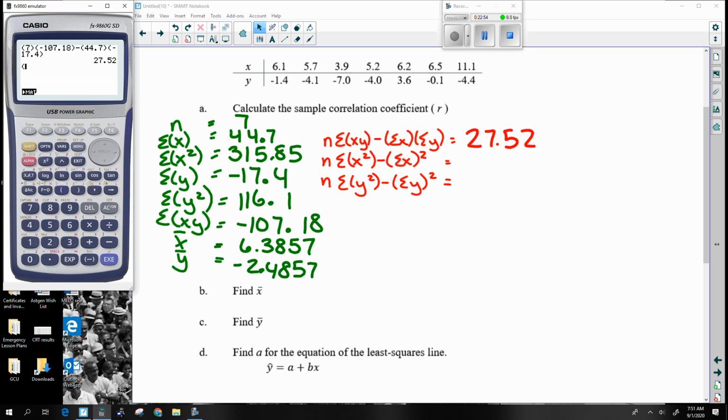So we have n times the sum of x squared, minus the sum of x, squared. Use parentheses. And then last but not least, the bottom one: n times the sum of y squared, minus the sum of y, squared. Again, use parentheses.